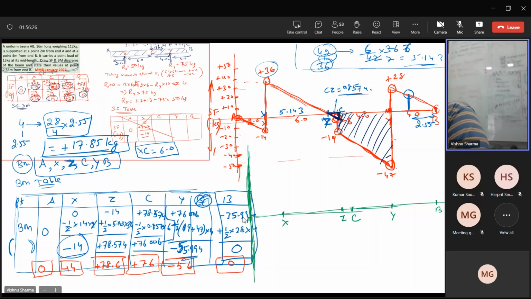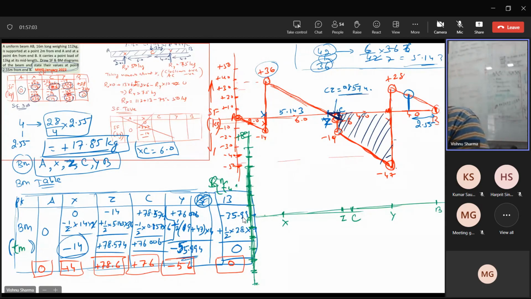Then I get 76, 70, 80. So 10, 20, 30, 40, 50, 60, 70, 80. This SFBM will be in ton meter, guys. I had left the units here intentionally for you to fill up. I hope you have done that.